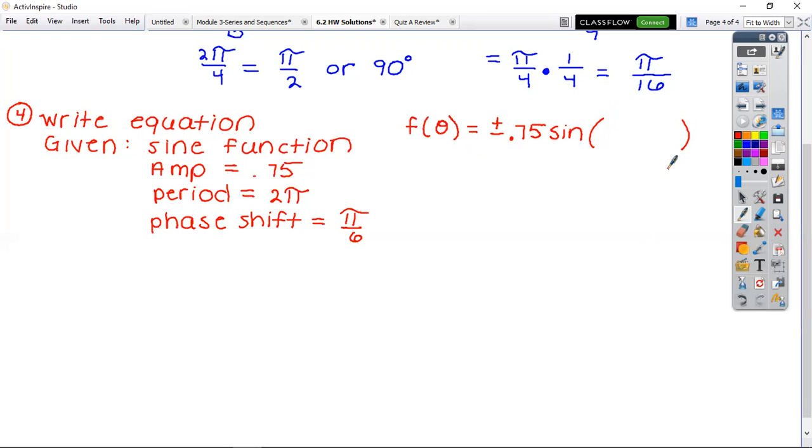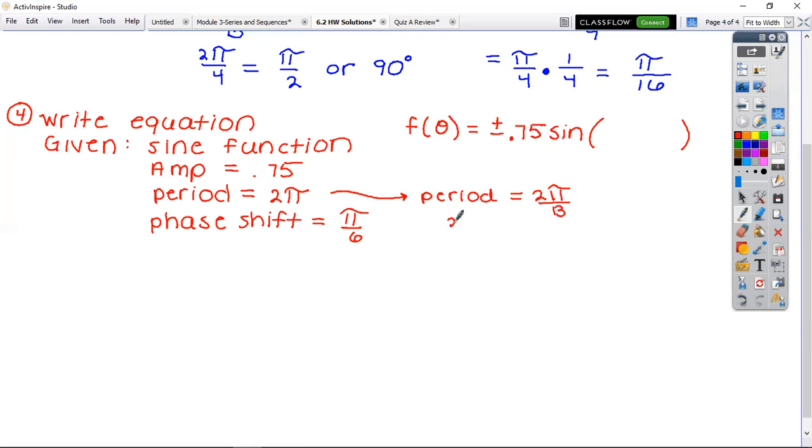Let's keep working with the next piece of information. You're given the period. The period doesn't directly display in your equation, so you're going to use it to find the frequency instead. I'm going to do period equals 2 pi over frequency.